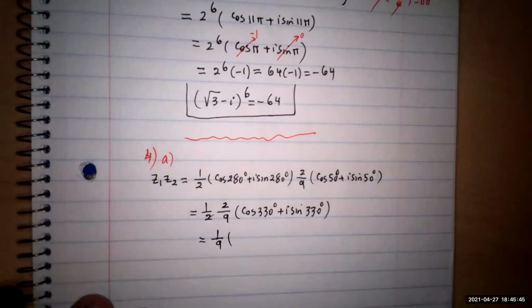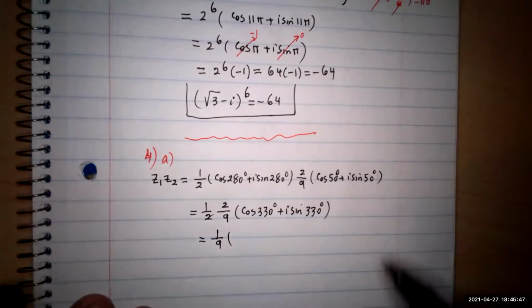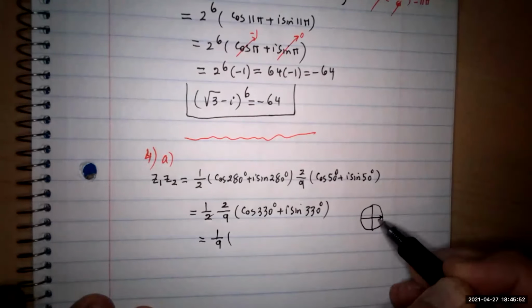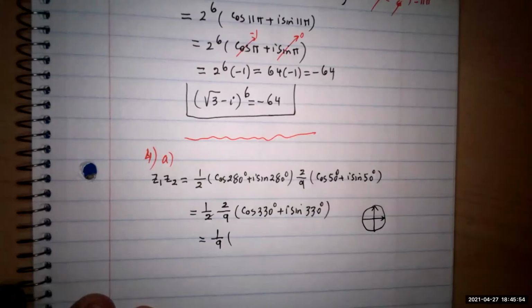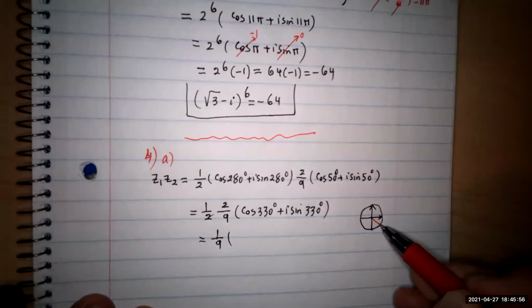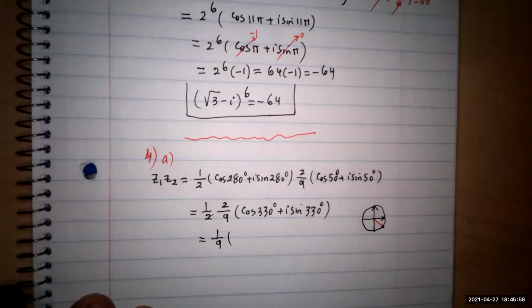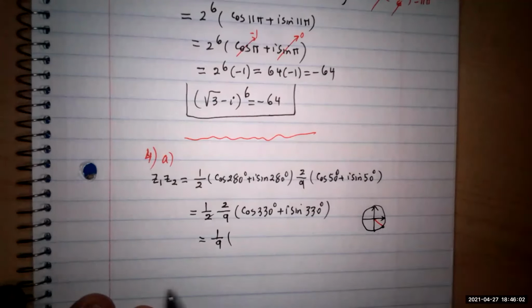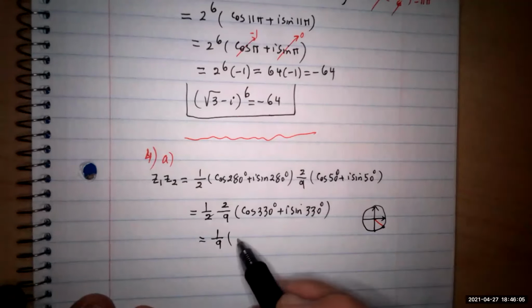Cosine of 330 degrees, you know where that is. The cosine is going to be like the cosine of 30 degrees, which is radical 3 over 2.